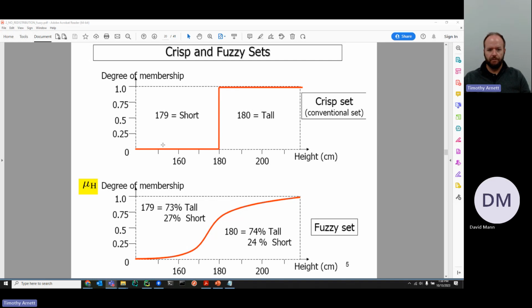And if they're below that, they are short. This doesn't fully encapsulate the continuum of shortness versus tallness that may actually be more useful.